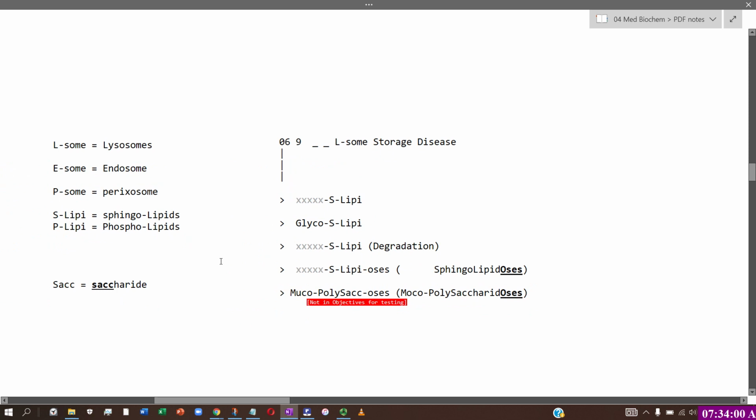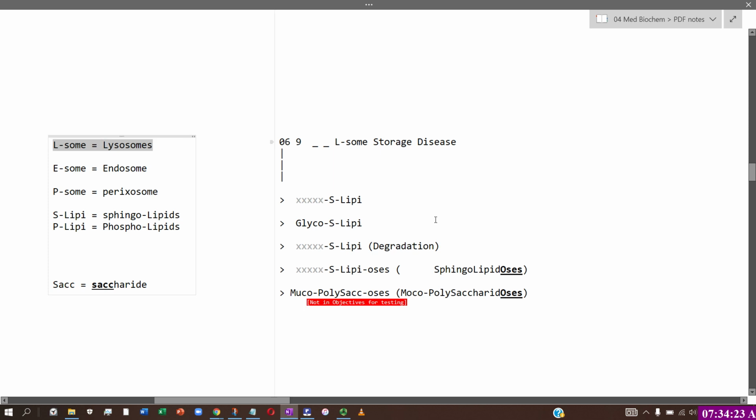So PDF number 9 is about lysosome storage disease. So an L-some is a lysosome, and here are the other types of organelles that we can talk about. But in this case, we're just talking about L-somes, lysosomes.